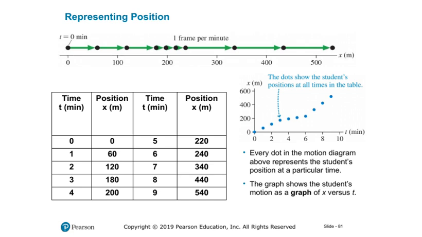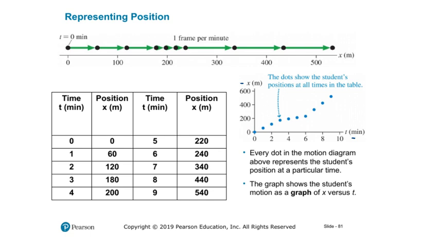We also talked about representing motion. I want to talk a little bit more about this in this lecture. We'll get back to it, but mainly we'll focus on using the representation of motion to make a motion graph of position versus time, as you see in this figure, or velocity versus time.